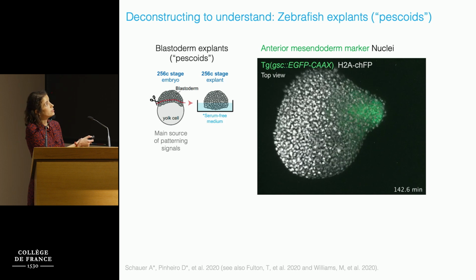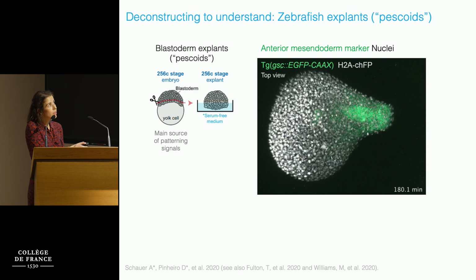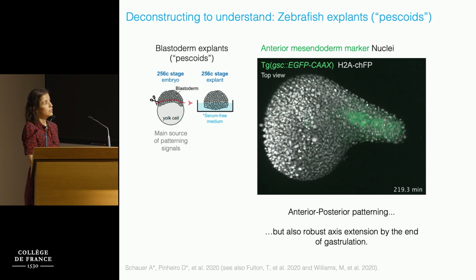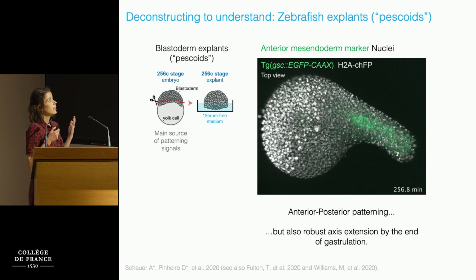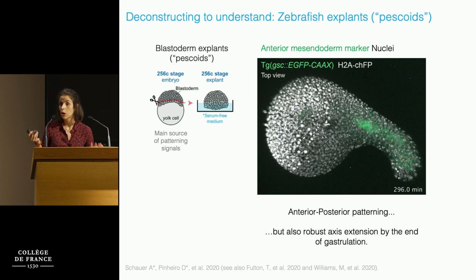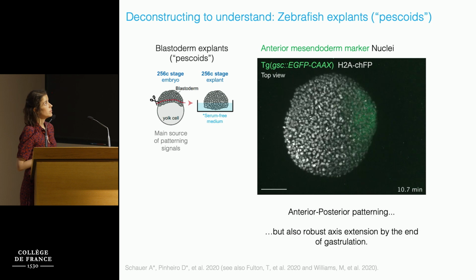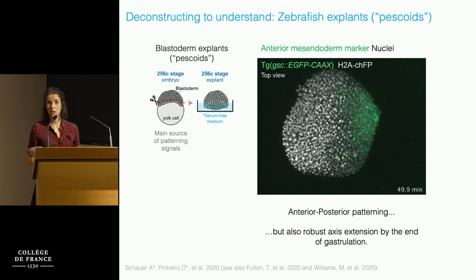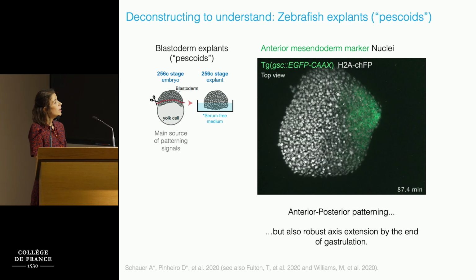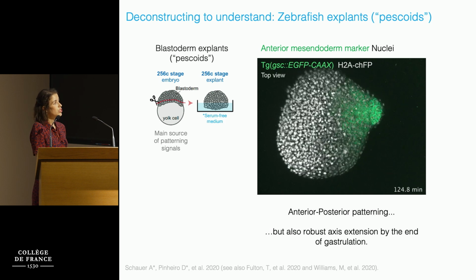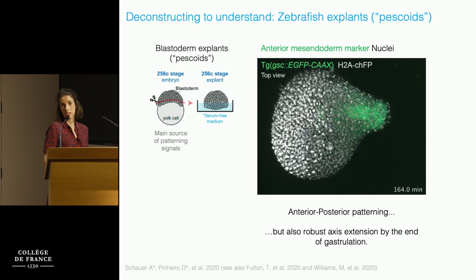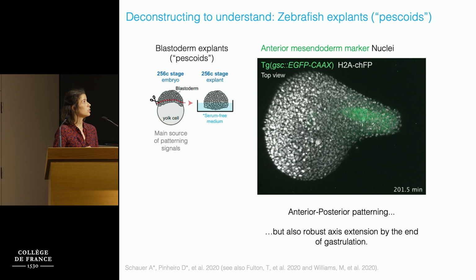You can see here an anterior mesendodermal marker in green, which shows that they also have anterior-posterior patterning. And despite the dramatically altered geometry of these zebrafish explants, pescoids, gastruloids, wherever you prefer, they basically show robust morphogenesis, and in particular, axis extension by the end of gastrulation.